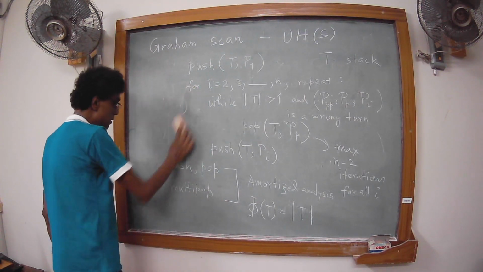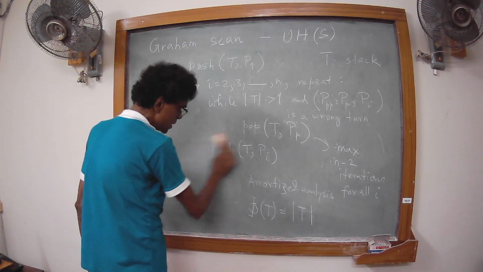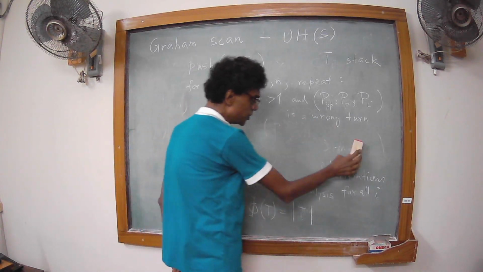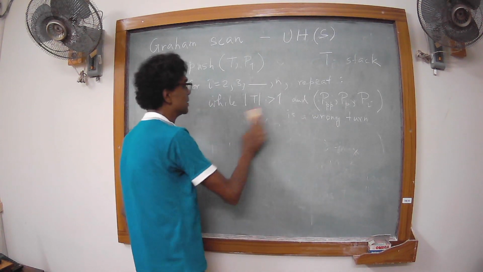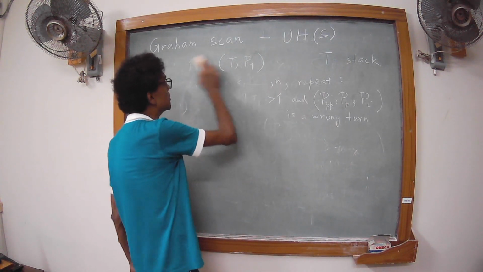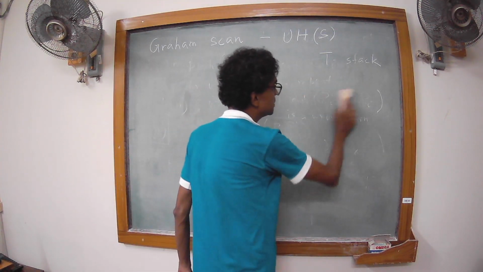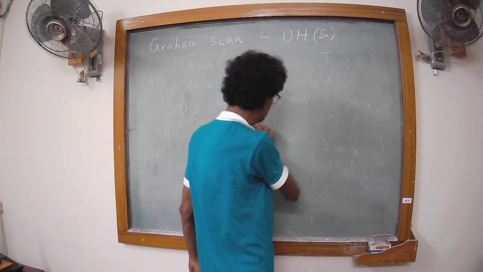So now let us look at the divide and conquer algorithm. Of course, it is not very necessary because we already have an optimal algorithm. But anyway, let us see. It's an interesting algorithm.